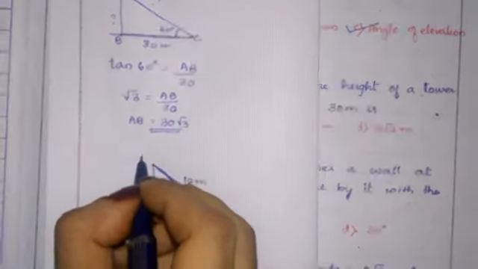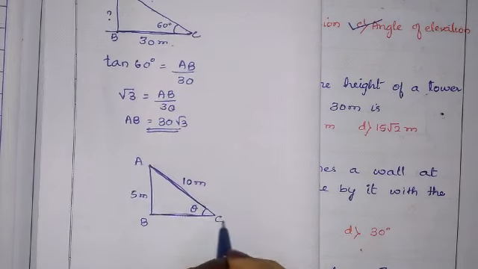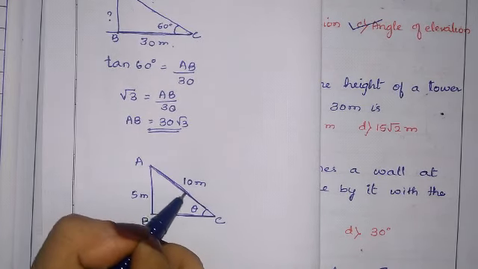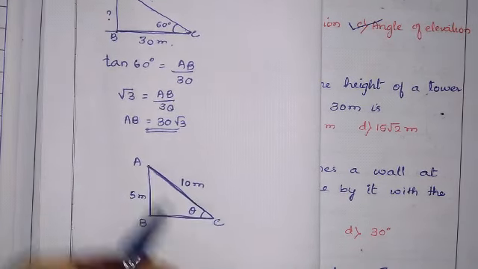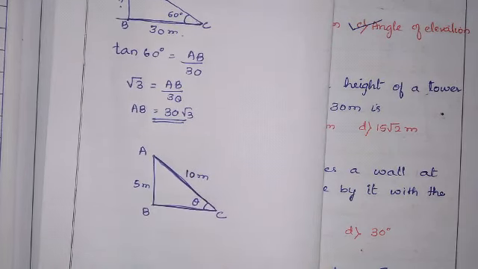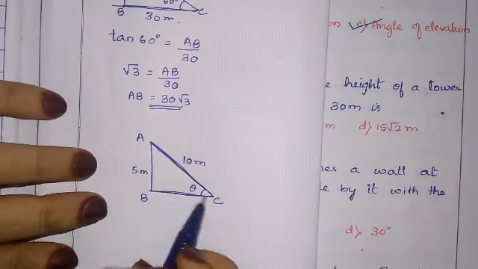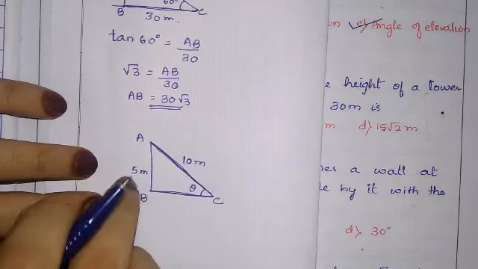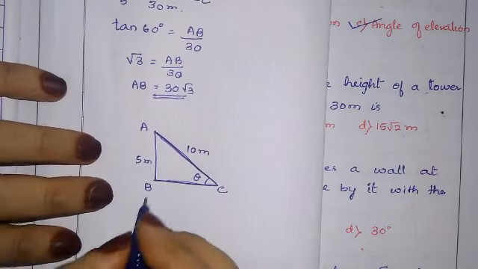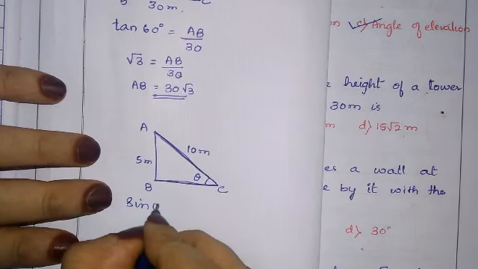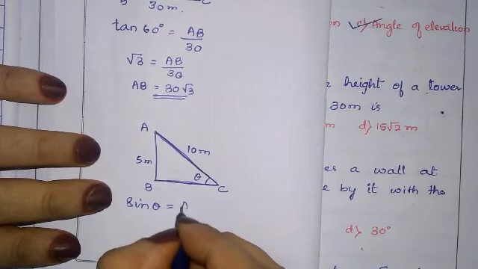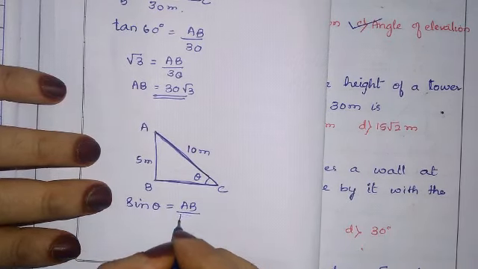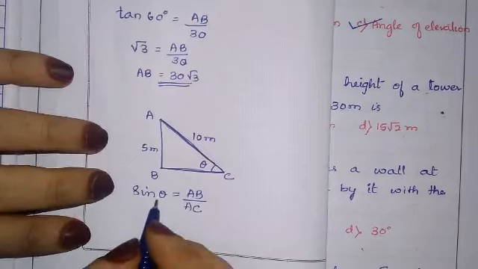Okay, we'll write A, B, C. Now here we have the hypotenuse value. We can't go for tan. We will go for sine because opposite and hypotenuse we got. Sine theta is equal to AB upon AC, opposite upon hypotenuse.